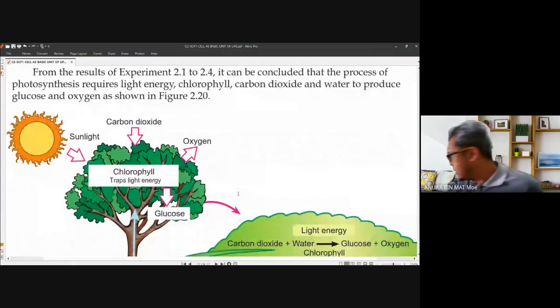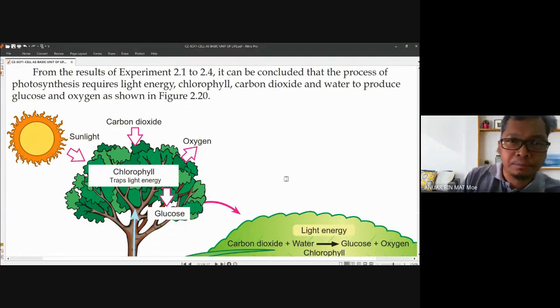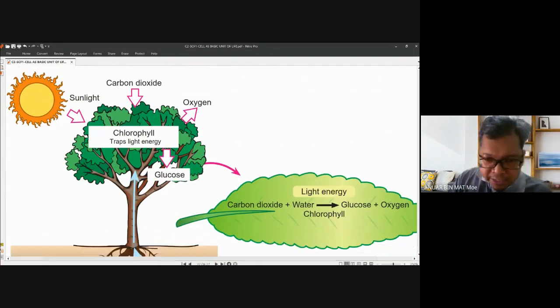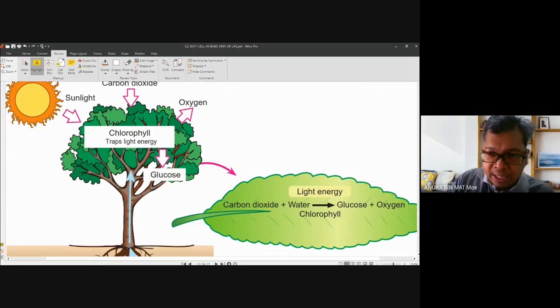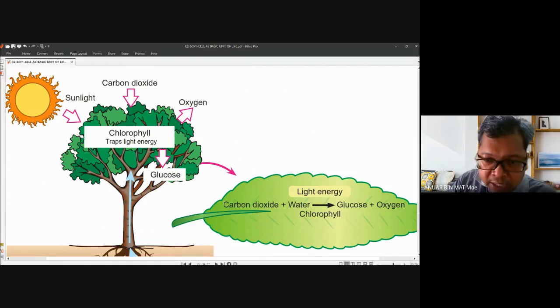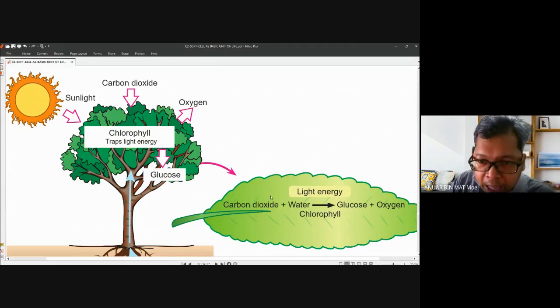Okay, so this is page 64. I will skip to page 64. So you need to understand the word equation for photosynthesis. What is required? For photosynthesis, it requires carbon dioxide, number one.